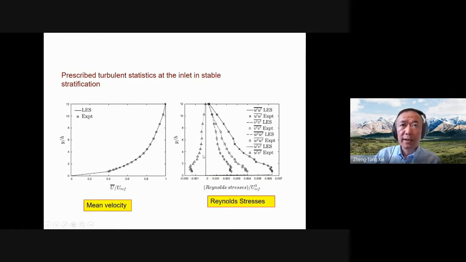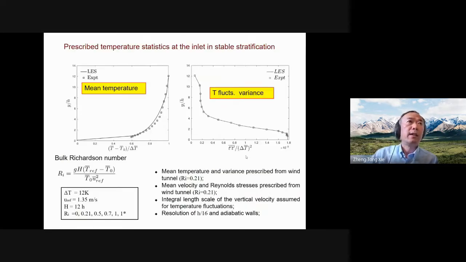And these are the turbulence quantities. You can compare with the earlier slide, they are just smaller than the neutral case. For the temperature, we again need the mean temperature profile over the height. We also need the temperature fluctuations, or you can call it the variance here. Again, we obtained this from the wind tunnel.